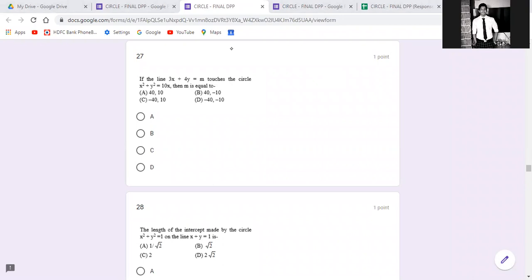The distance from the center of the circle should be equal to the radius. This is a very usual method, no? Radius is also 5.